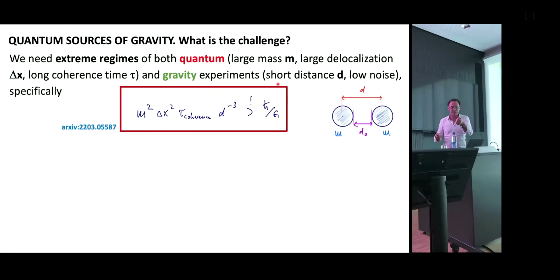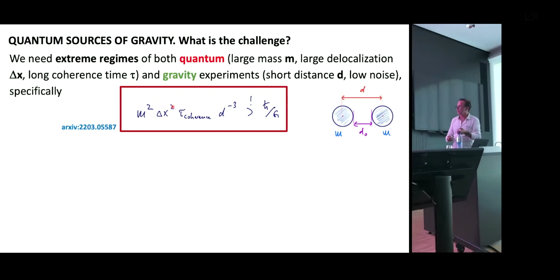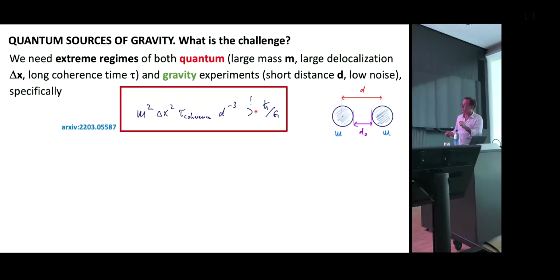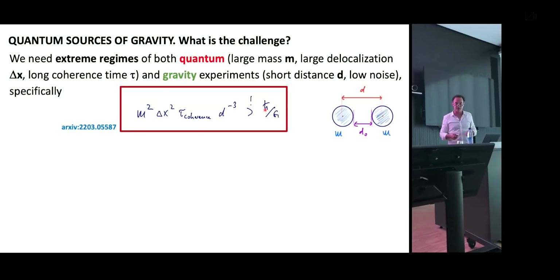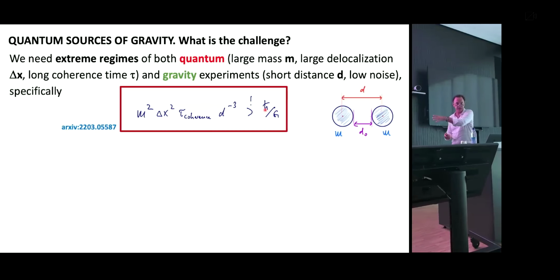You have your mass in a superposition with delocalization delta x, and in order to generate entanglement, if both masses fulfill this criterion, the product of mass squared, delocalization squared, coherence time, and 1 over d cubed, where d is the distance for the gravity experiment, needs to be larger than Planck's constant over Newton's constant. If you manage to fulfill that criterion, you're in business. So this is what we investigate.